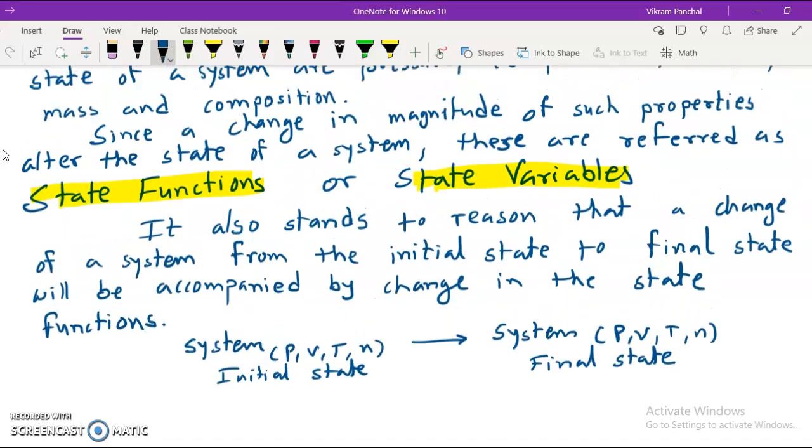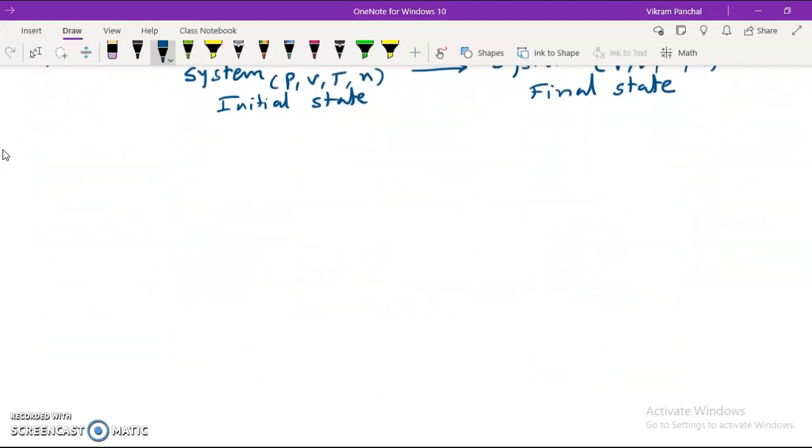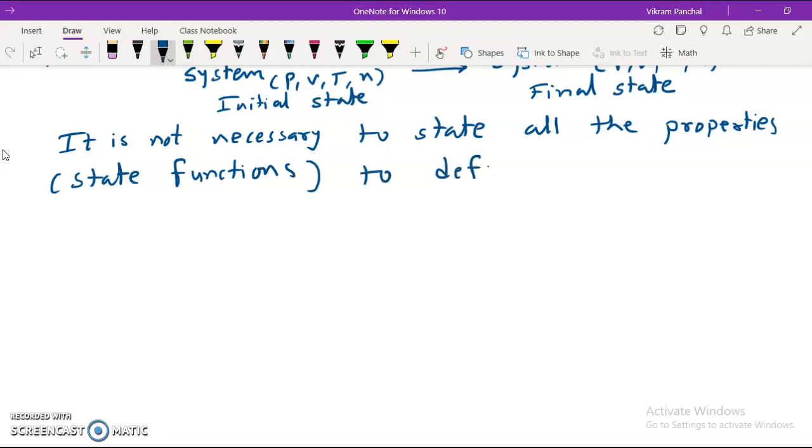This is also equally important, that it is not necessary to state all the properties, that is of state functions, to define the system completely.